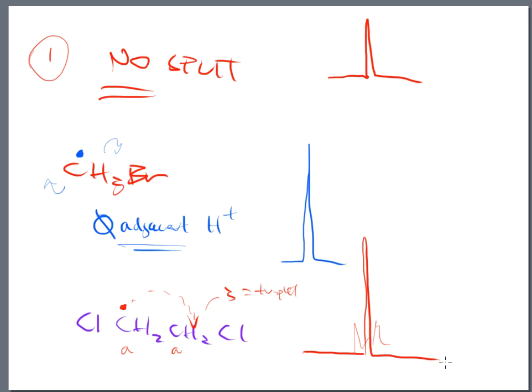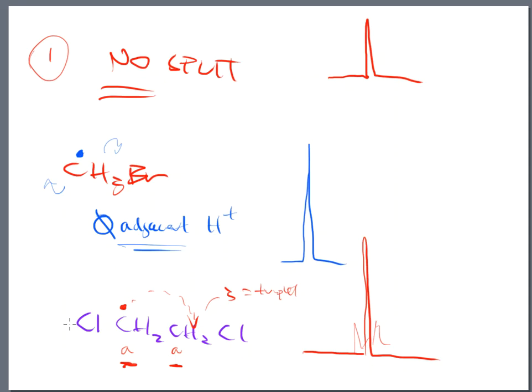And this is one of those, what I would call a true exception to this rule about splitting. So because this is A and because next door is A, that's why I like for you to label these signals so that way it doesn't catch you off guard. Because those are equivalent, we do not count adjacent hydrogens in this case. So we pretend like those hydrogens are not even there, right?